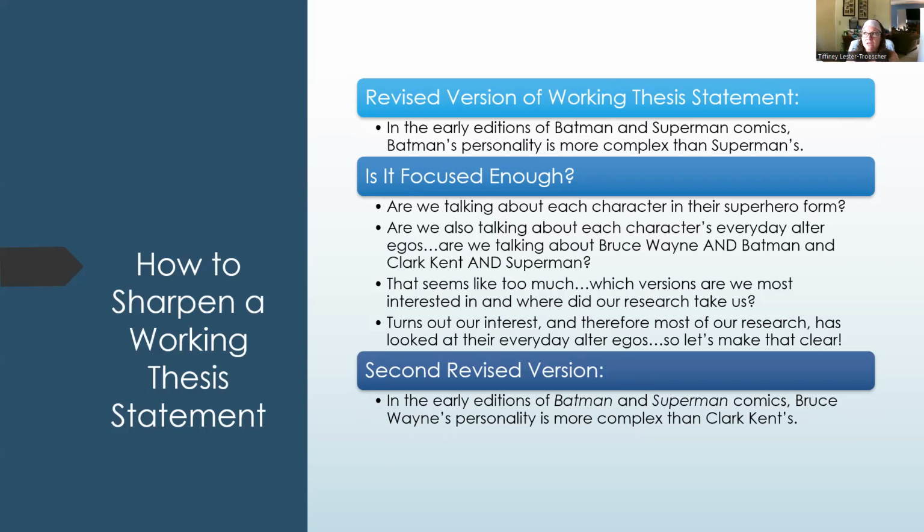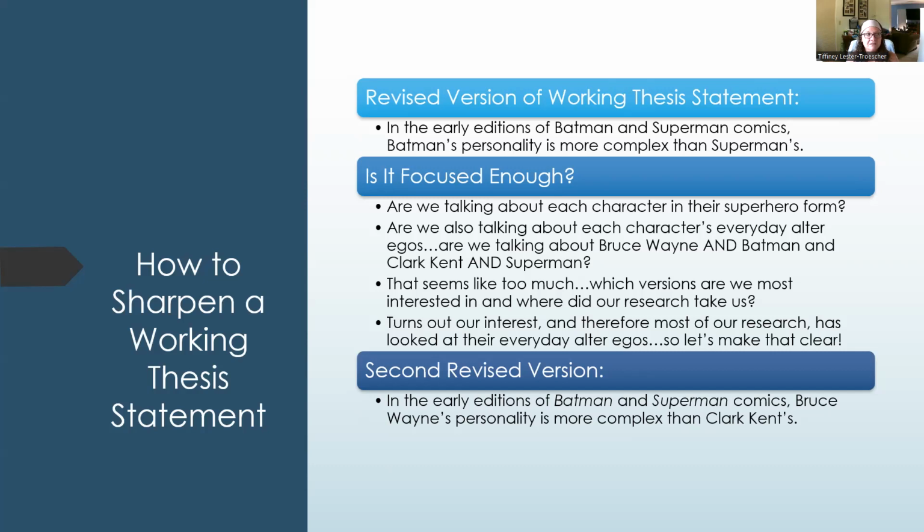And the comics, every show, every movie uses the superhero name. We don't have a lot of things out there that are widely known that in the title refer to them by their alter ego names. So I used Batman and Superman in my original thesis statement because I felt like that's what readers would understand better.